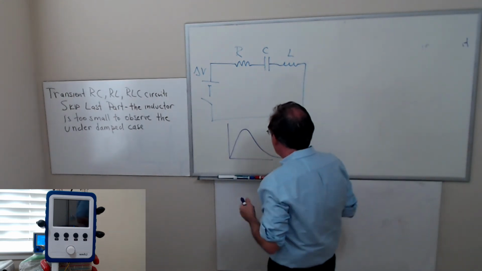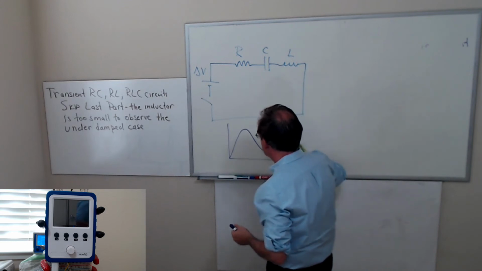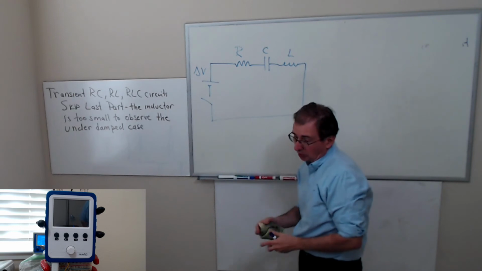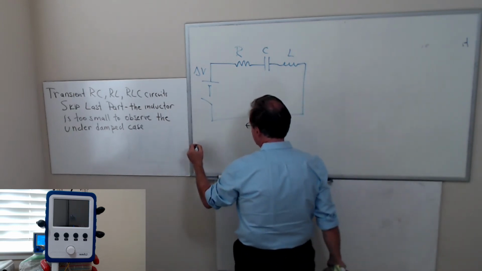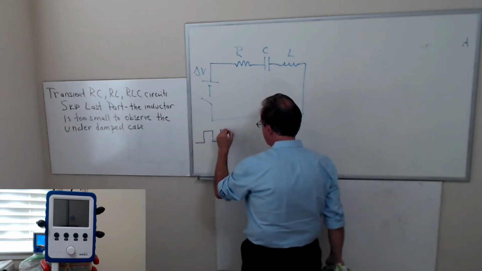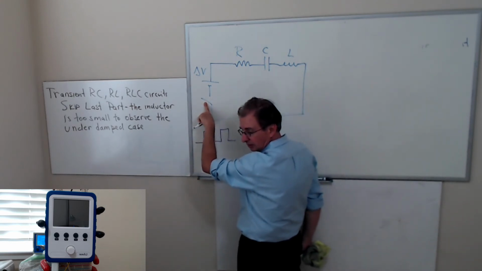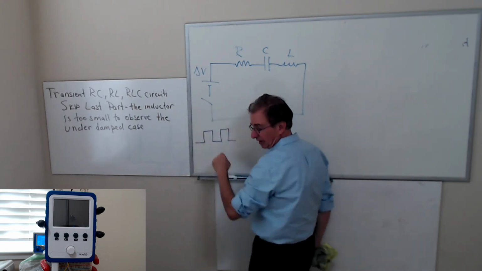Okay. So we want to look at what happens as a function of time. We want to see the response of the circuit when I flip the switch. Or I want to see the response of the circuit when I put in a pulse like this, which is the same thing as if I open and close the switch repeatedly. The electronics can do it much faster than you can.